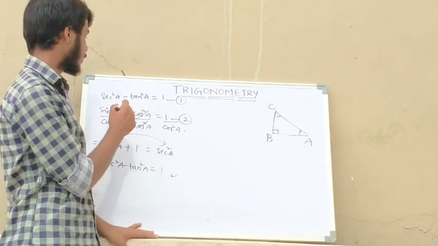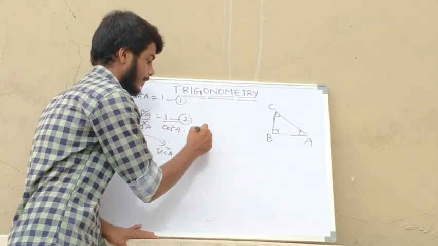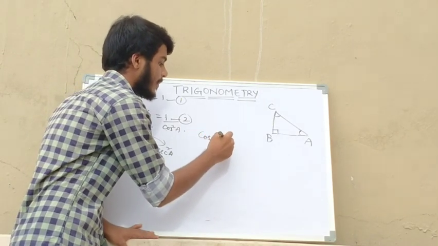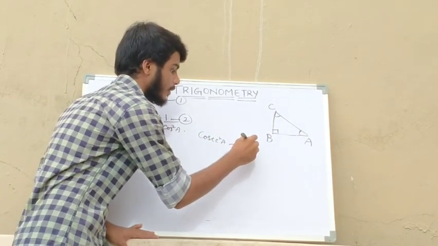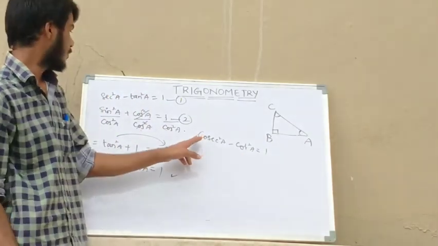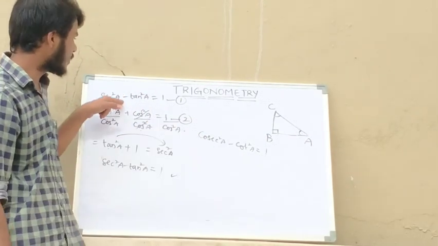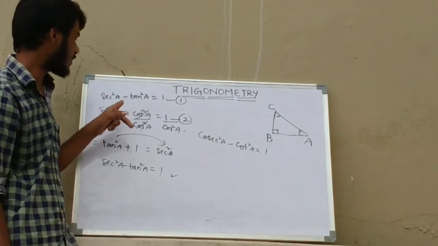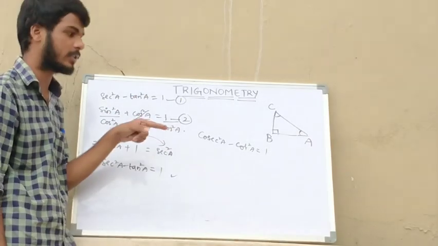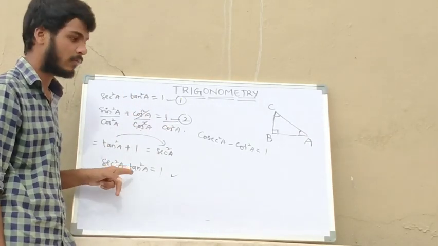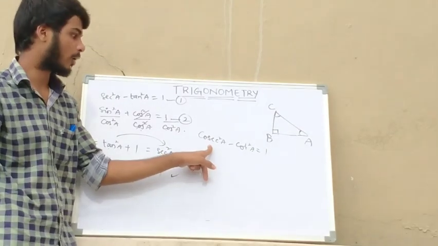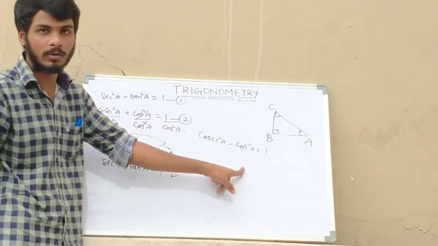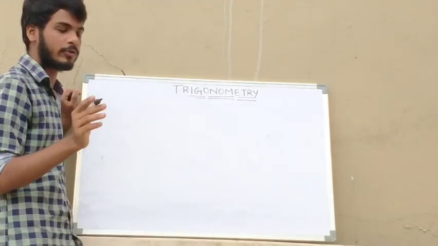Similarly, cosecant square A minus cot square A equal to 1. From this you can prove, or sin square A plus cos square A you can take from that. In a similar way you can prove that cosecant square A minus cot square A equal to 1.